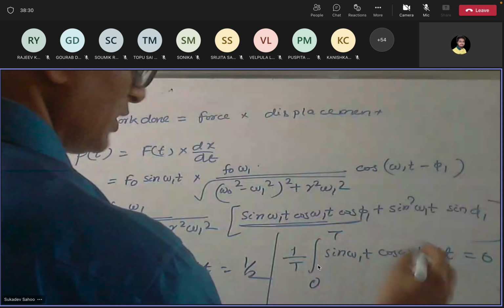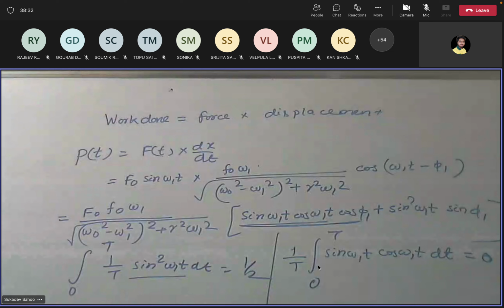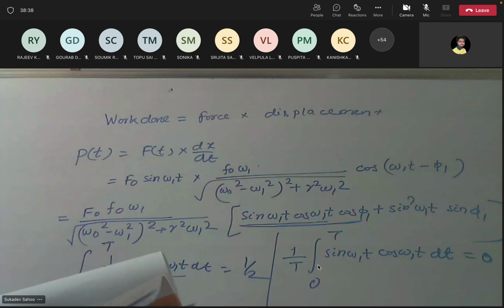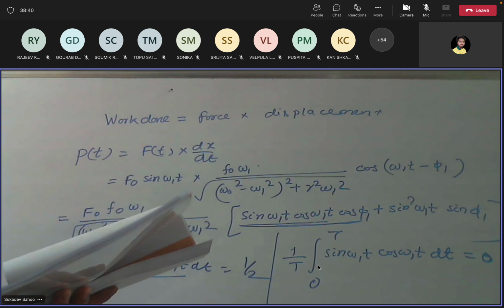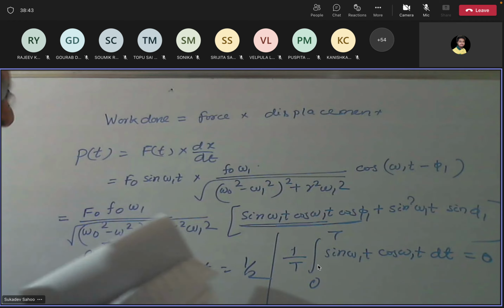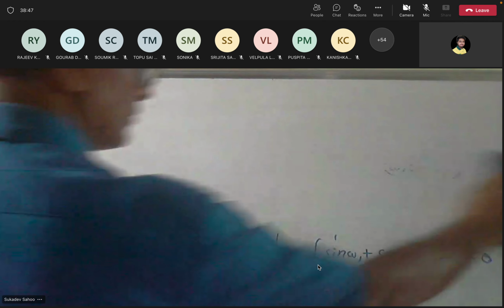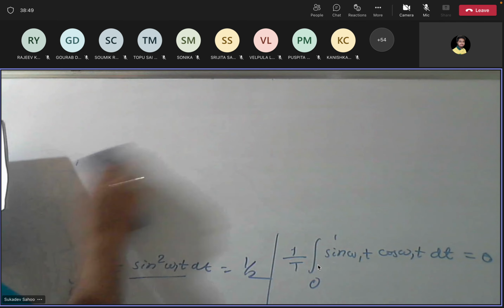I think all of you know. Already we have also calculated these functions: the sine cos function gives 0, and the sine square function gives half. Okay, I think all of you know these things. So now if we substitute these values, we will get the P average, because we have already taken averaging.